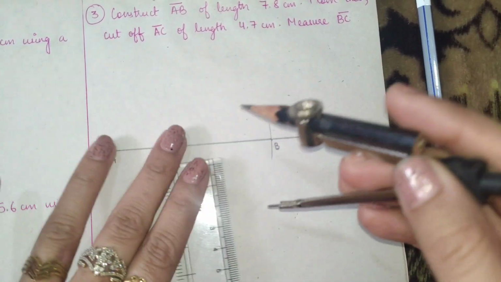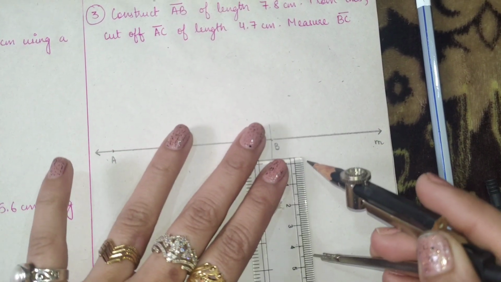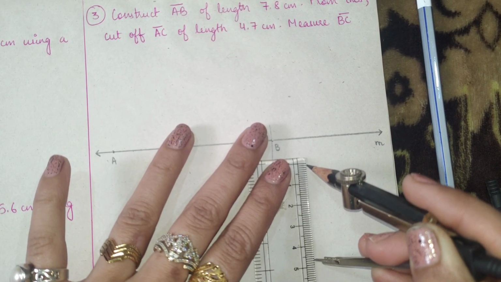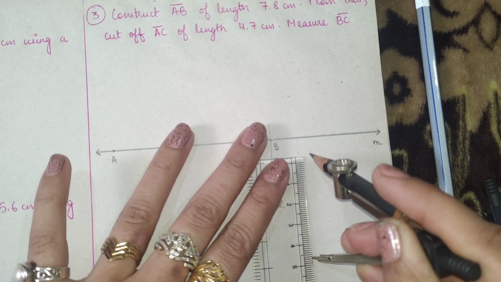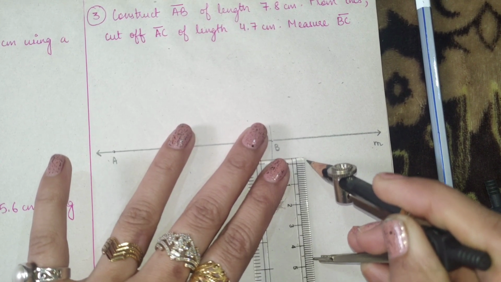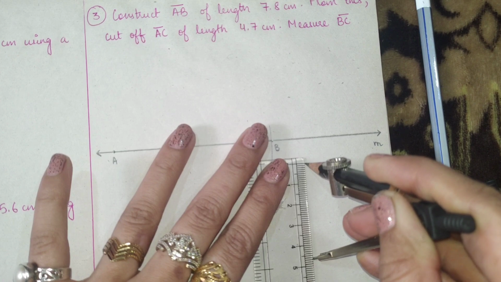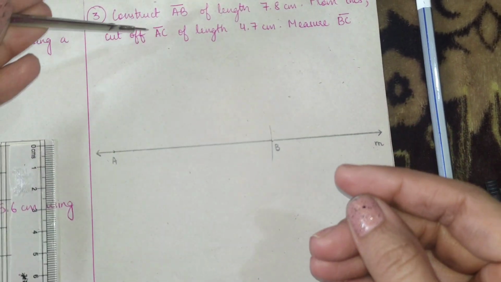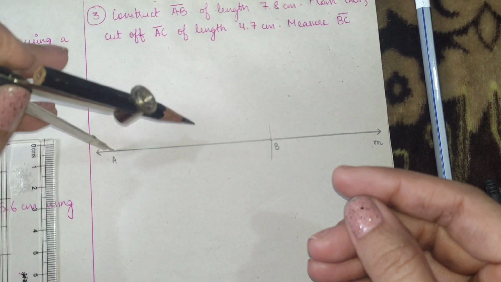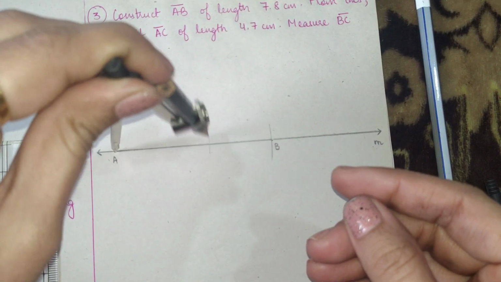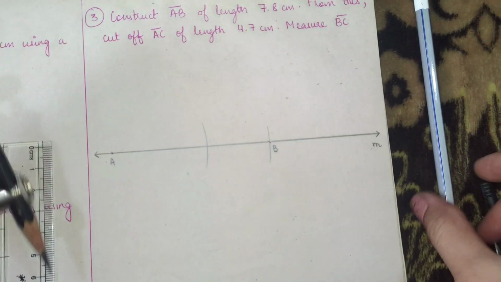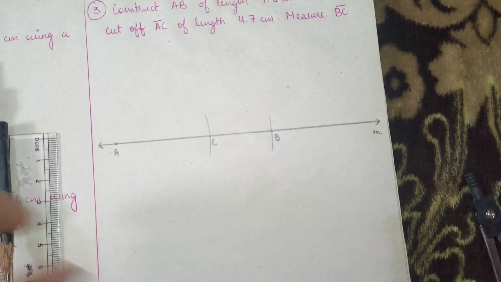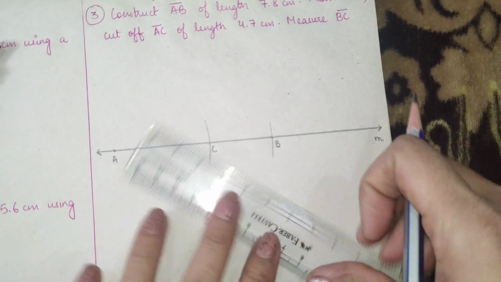So now we'll measure 4.7 centimeter using compass. So that's 4.7 here, and that's your 0 here. Okay, so that's 4.7. You need to keep your pointer at A. So that's your point C here. Okay, and now you can measure BC.